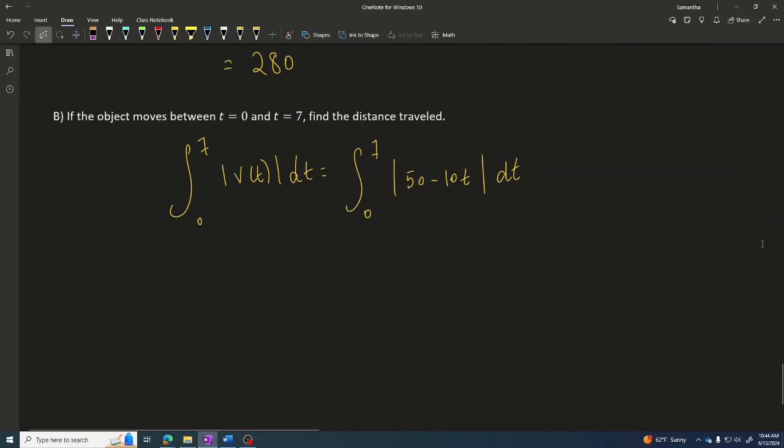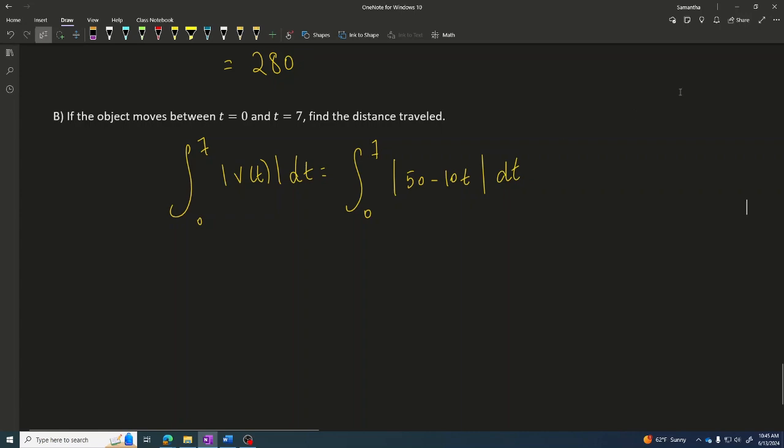So how am I going to calculate this definite integral? Well, the game has changed compared to part A because now I have absolute values on this function. I no longer have an integral rule that I can use to easily find an antiderivative of 50 minus 10t with the absolute values on it.